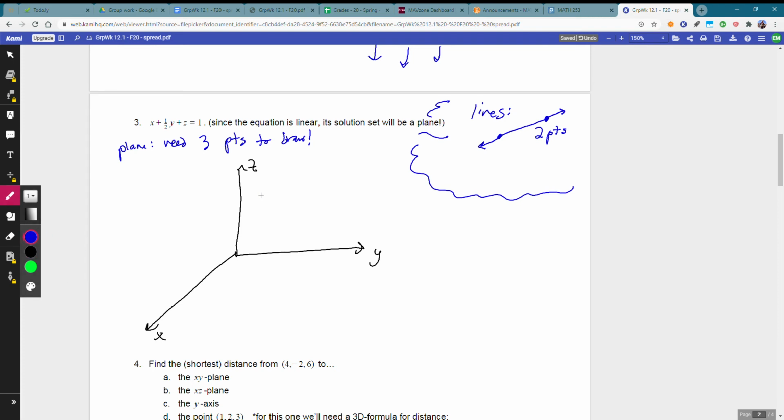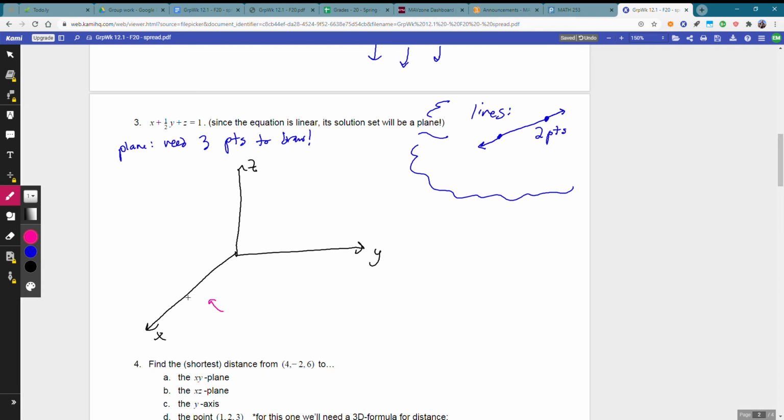So for example, if we want to find out where this thing hits the x-axis, wherever point it hits the x-axis on, we know 2 of the coordinates. But if it's on the x-axis, well, then its y-coordinate has to be 0, and its z-coordinate has to be 0. All right, so we actually now know those 2 points of information.